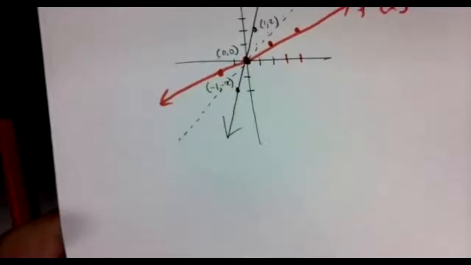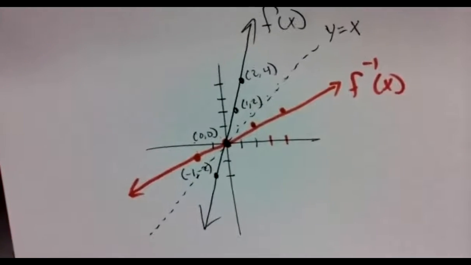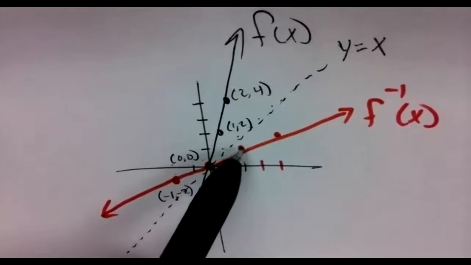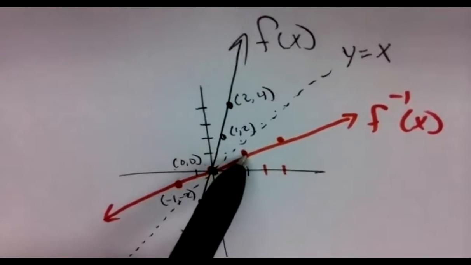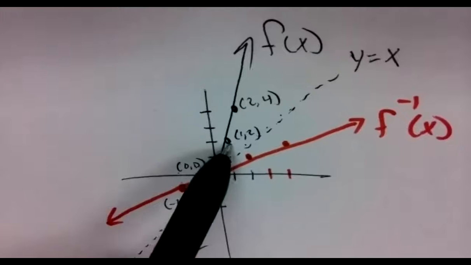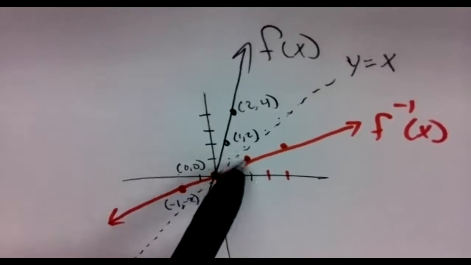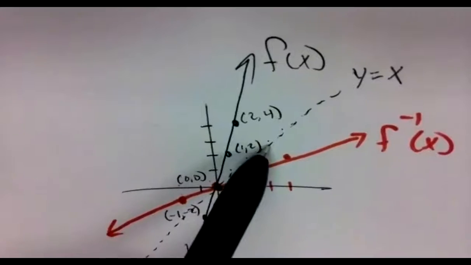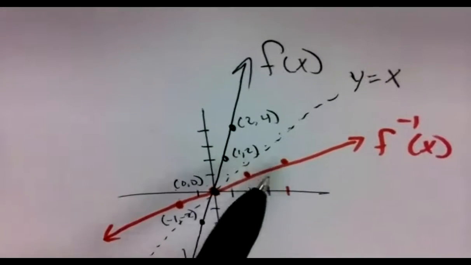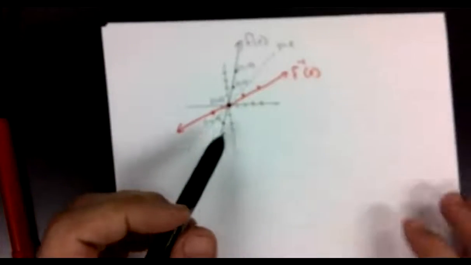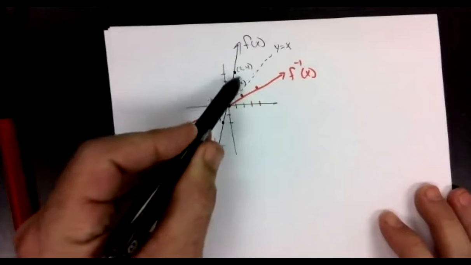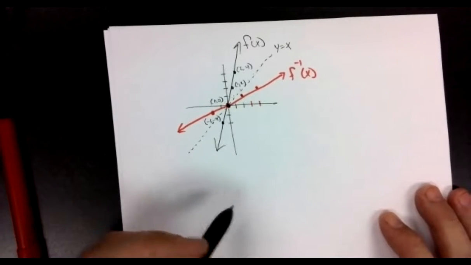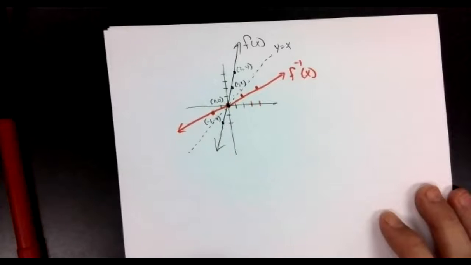Okay, so again, if I can kind of zoom that in, I didn't draw it super great, but you guys can hopefully kind of see from there. Like each point and its inverse point are reflected directly through this line. If you would measure the distance from here to here, and then the distance from here to here, it would be the same. So each point gets reflected over that line of Y equals X. And it does so forever.